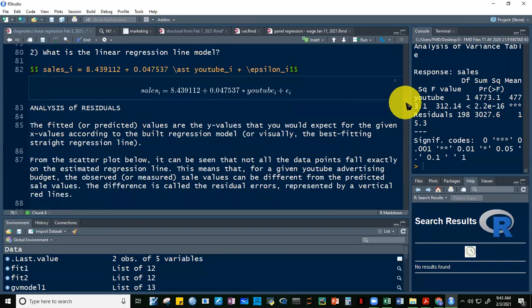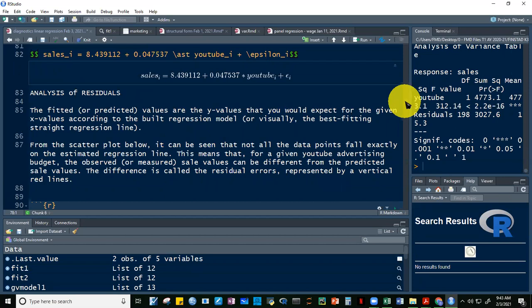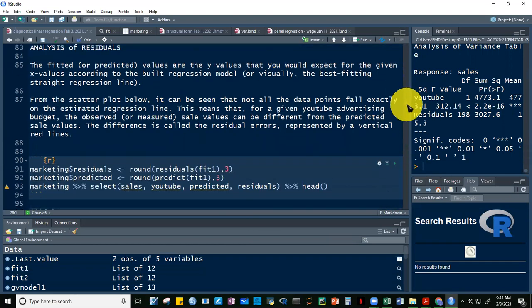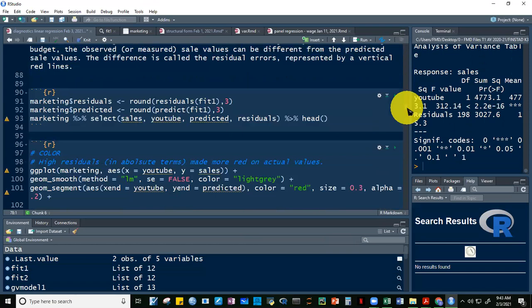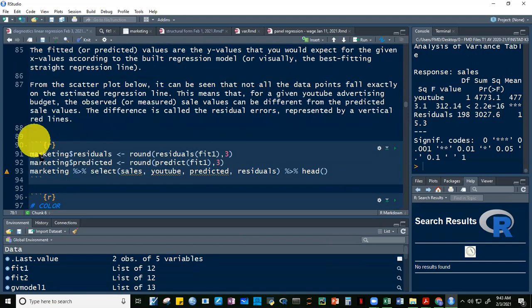Okay, so we now go to the analysis of residuals. So first things first, guys, i-plot muna natin yung residuals natin, no? Here we're going to plot our residuals.